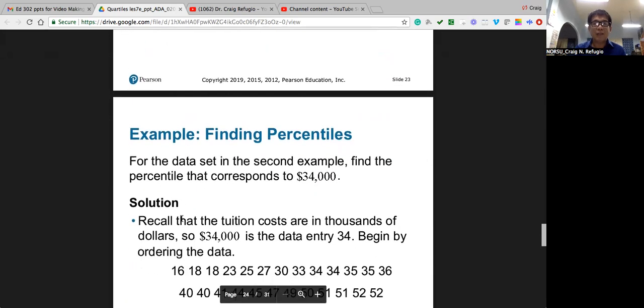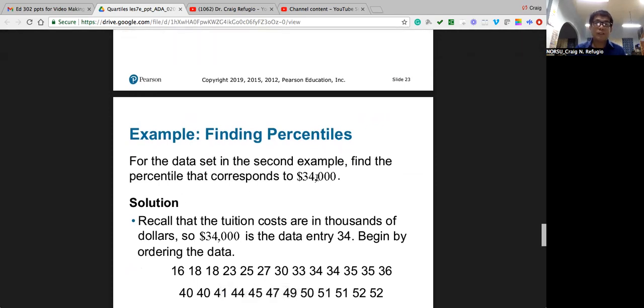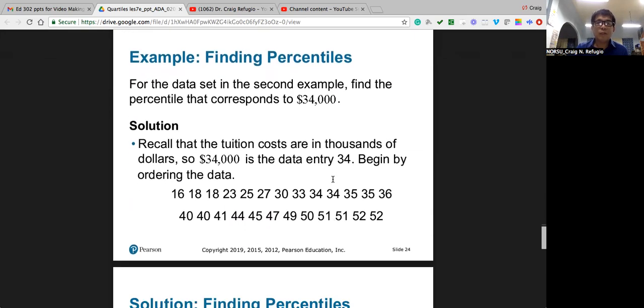So we have here an example. For the data set in the second example, find the percentile that corresponds to 34,000 US dollars. Recall that the tuition costs are in thousands of dollars, so $34,000 is the data entry 34. Begin by ordering the data.